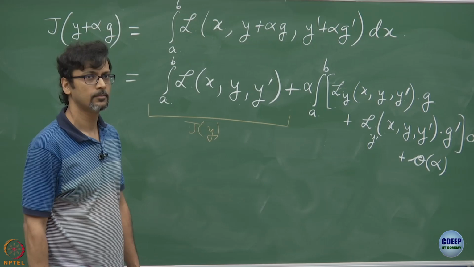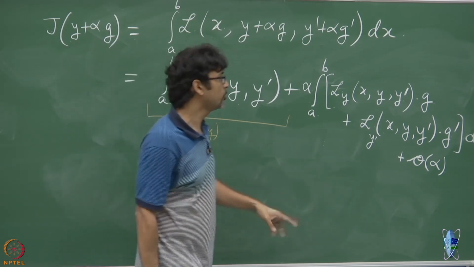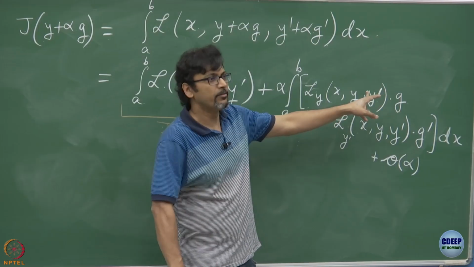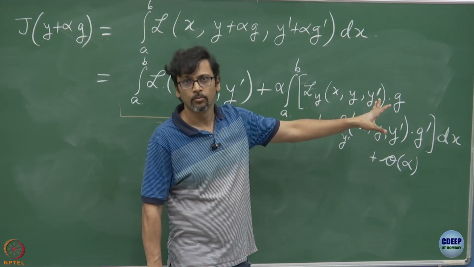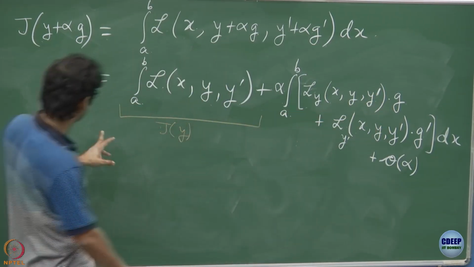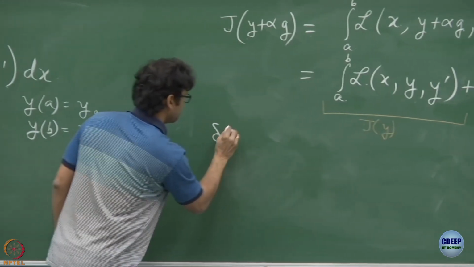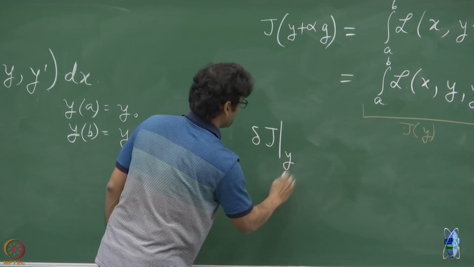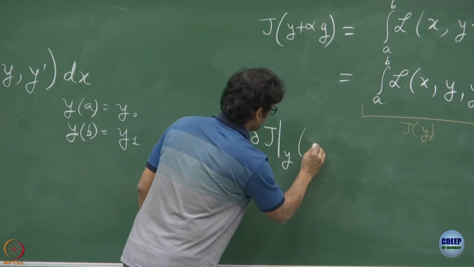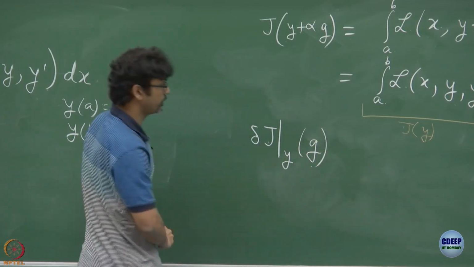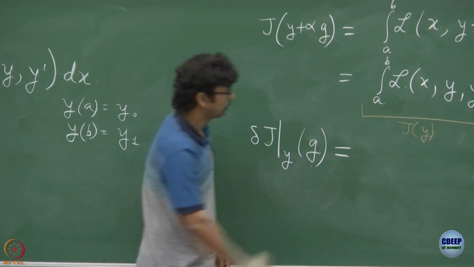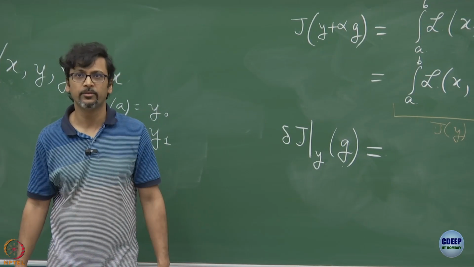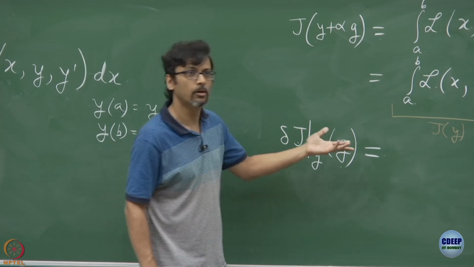Yeah. Of course you might say you can also consider the alpha g here, but we'll eventually let alpha tend to 0, right. So can you now quickly tell me what is this object here evaluated at y along the direction of g, using that idea of the Gateaux derivative that we've just introduced a while back.